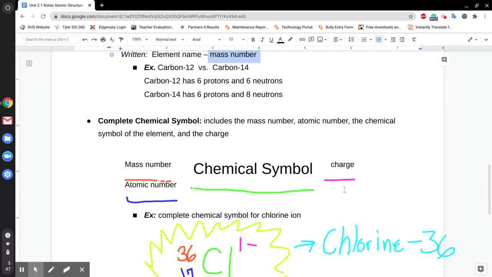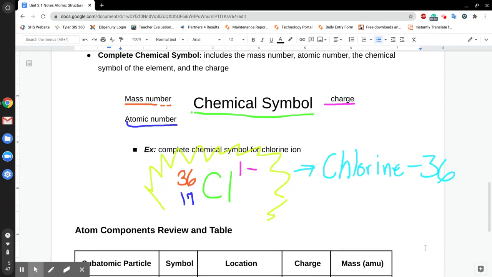So this specifically is chlorine 36. Here, I'll even write that. So that's the type of isotope, it's a chlorine 36. And this is how we then write the complete chemical symbol, which is what you're going to be practicing in this packet that you're going to be working on in just a bit.